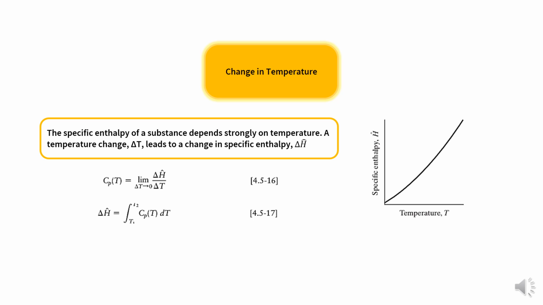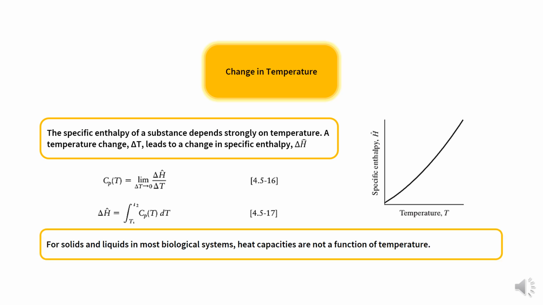The delta enthalpy can be calculated using this equation, where T1 is the first temperature and T2 is the second temperature at constant pressure.